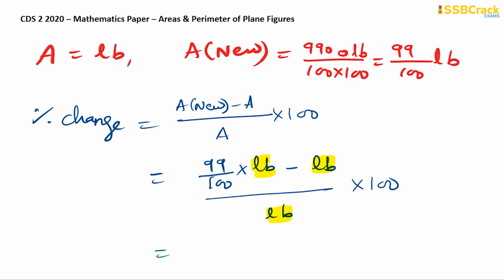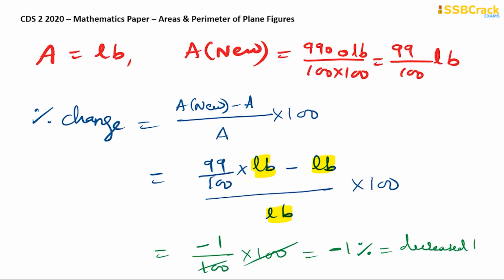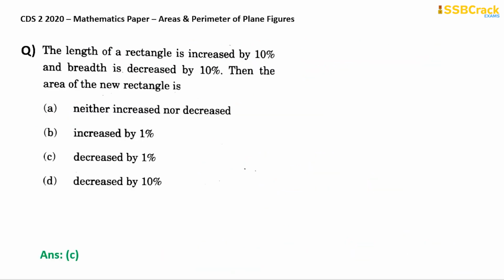So we are getting 99 upon 100 minus 1, that is minus 1 upon 100 into 100, which says that it's minus 1%. And minus here is the indication of decrement, right? So the area is decreased by what percent? 1%. And hence the key for this question was option number C, that the area of the new rectangle is decreased by 1%.